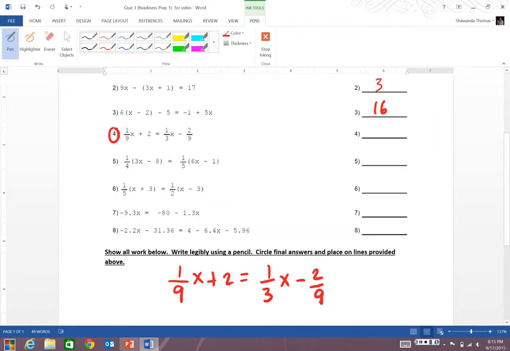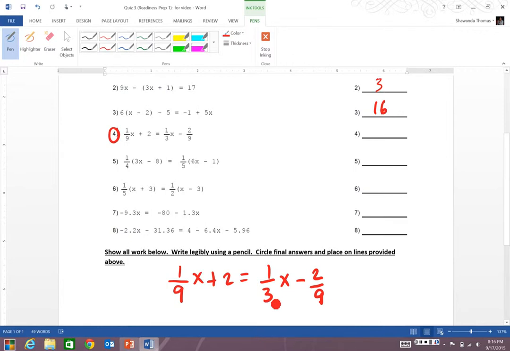In order to solve number 4, since we have fractions, we need to determine the LCD. The LCD is the least common denominator. So you look at all your denominators, 9, 3, and 9, to determine what number can 9 and 3 go into evenly?